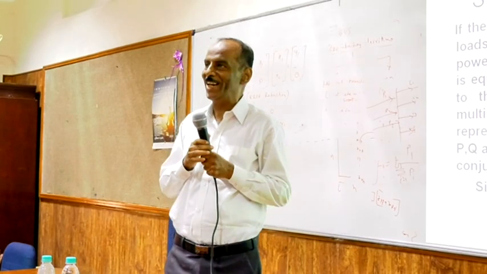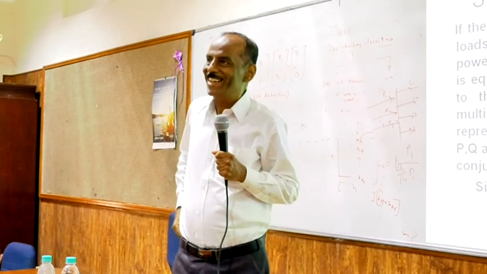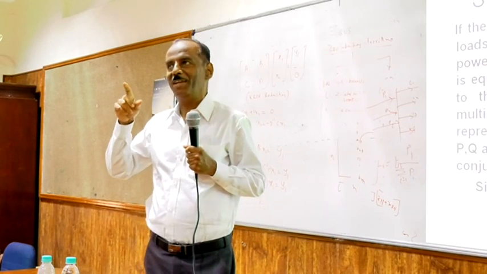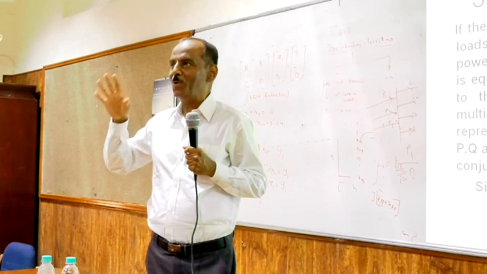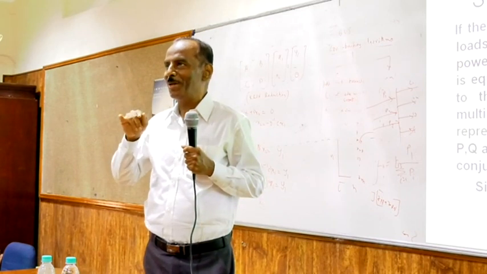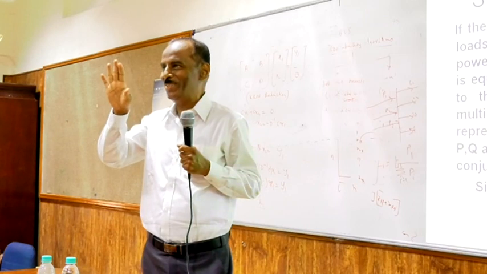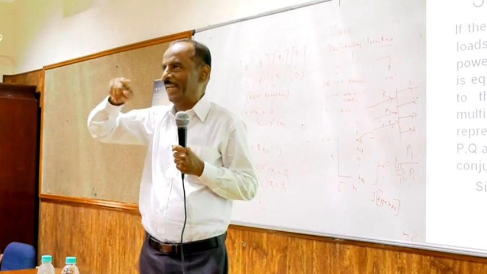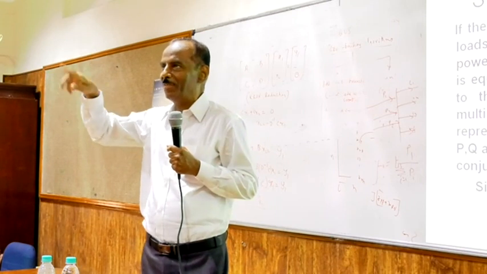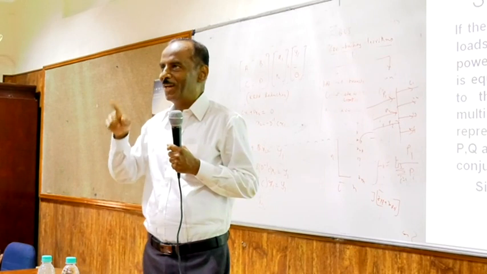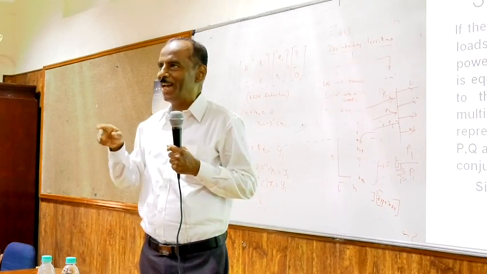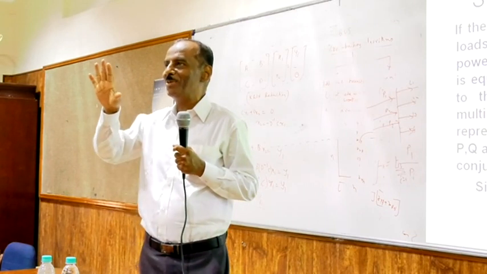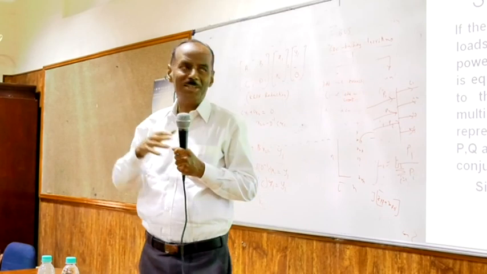You can use V conjugate I, I will tell you. I understood. P minus jQ, when you are taking V conjugate I, P and Q are positive. When you are going to take P plus jQ, only the applications are there. But if you put a vector, V is there, I is normally lagging. You can say V is at angle theta V, I is at angle theta I. You can put V conjugate I, and you get V I at angle theta V minus theta I. That is the difference between them.